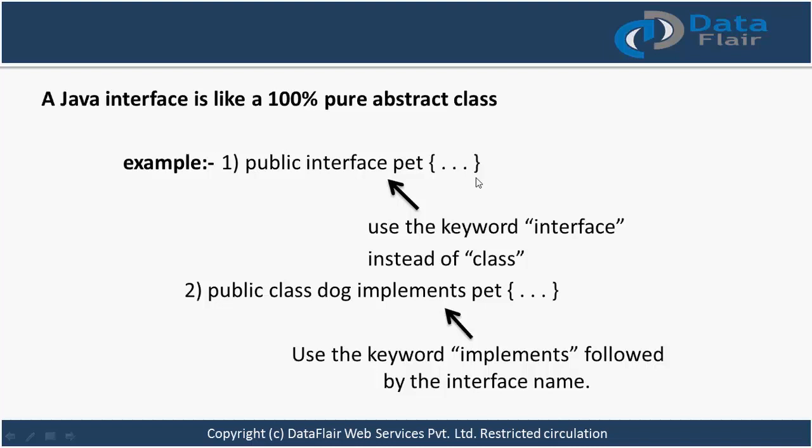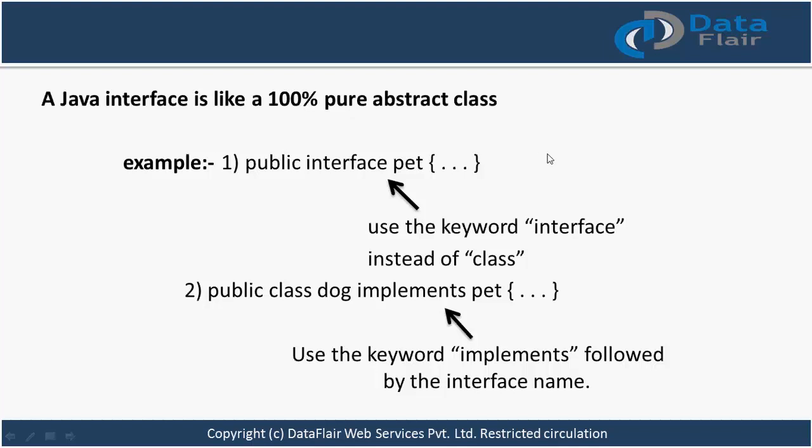Since all the methods in an interface are public abstract, you cannot create an object of an interface, you cannot instantiate this interface. So in order to instantiate it, we need to create a class. We'll name this class dog, and this dog implements pet, which means a class always implements an interface. Okay, so we have this hierarchy.